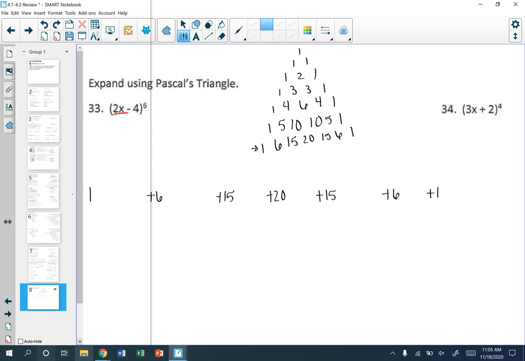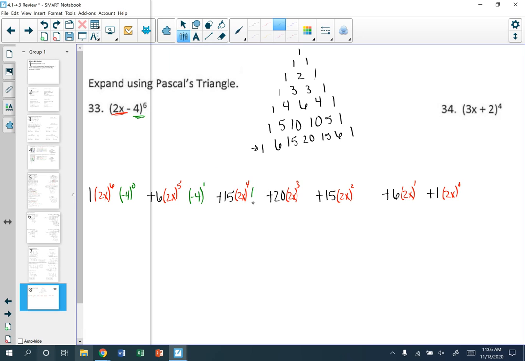Right. Then I fill in my a term, which is 2x, and I start with 2x to the 6th and go down by 1 each time. And then I move on to my b term, which is negative 4 to the 0, and this I ascend.